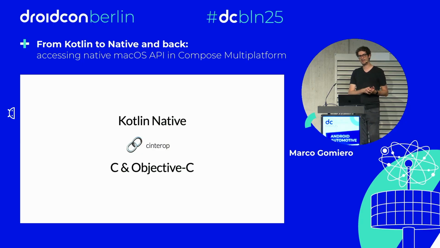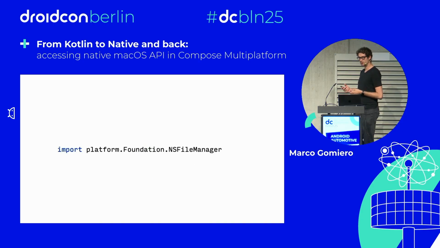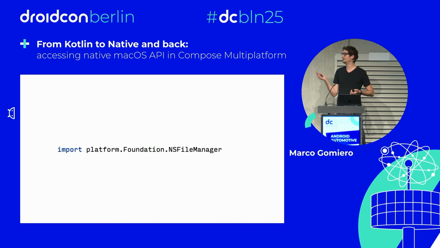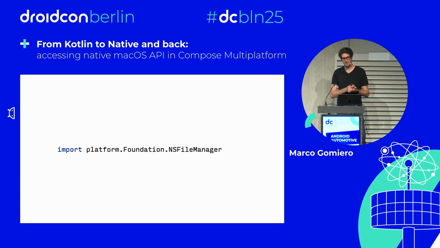By default, there are some system frameworks that are automatically connected together, and the bindings are automatically generated. Those are, for example, Foundation, or on iOS, UIKit, basically the basic building blocks for building iOS or macOS apps. And the system automatically generates that for you. So you can open a Kotlin file, import Foundation, and start using the native APIs.